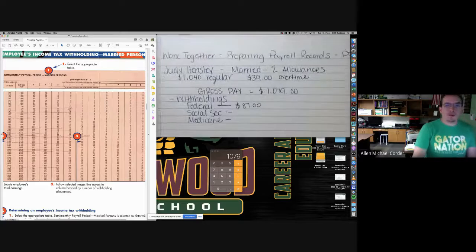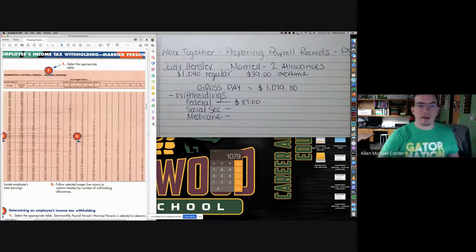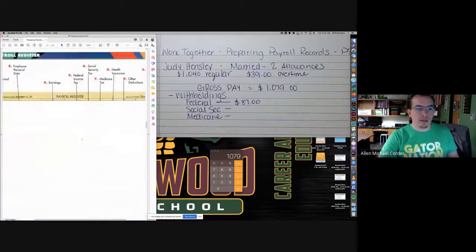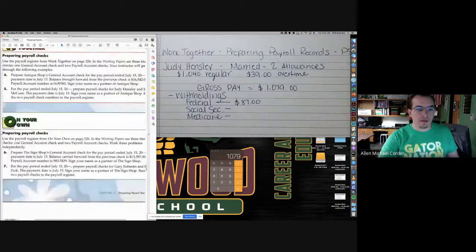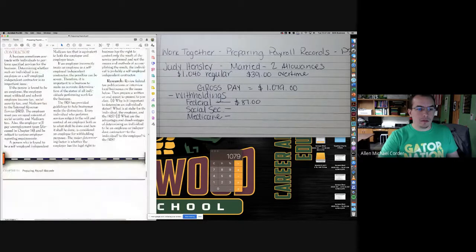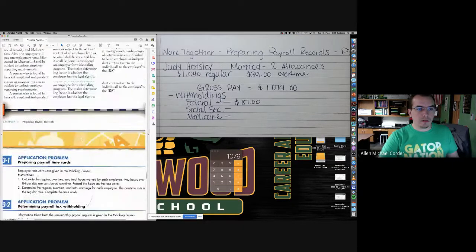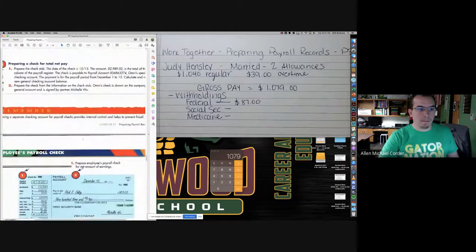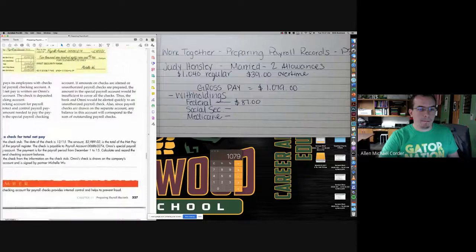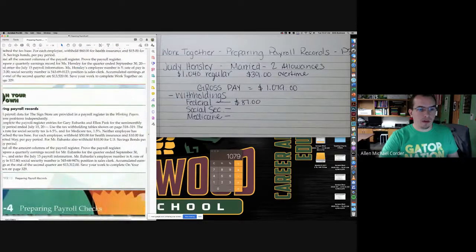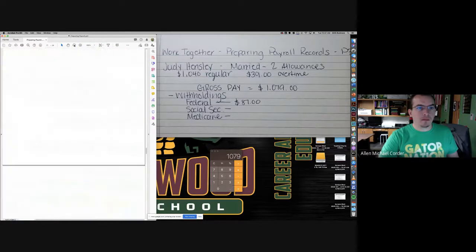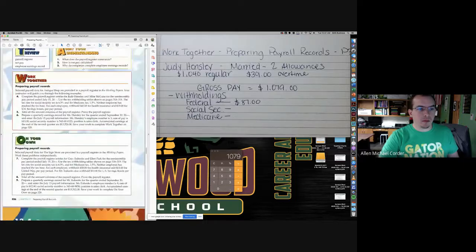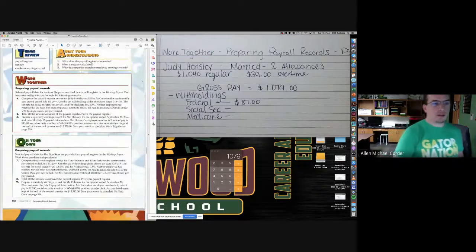Social Security. Let's go back down here to our question that we're looking at. $326 right here. So we found the tax withholdings right here. We're going to find Social Security.